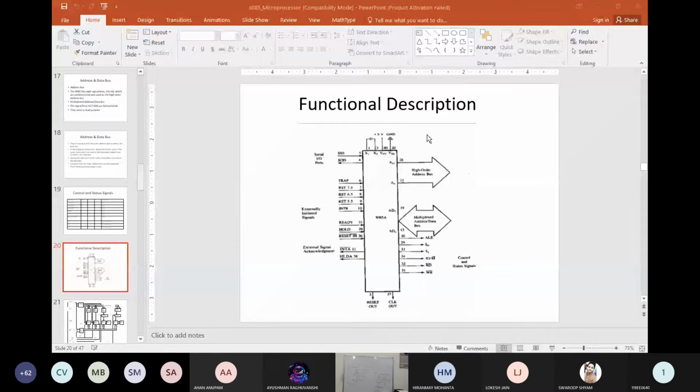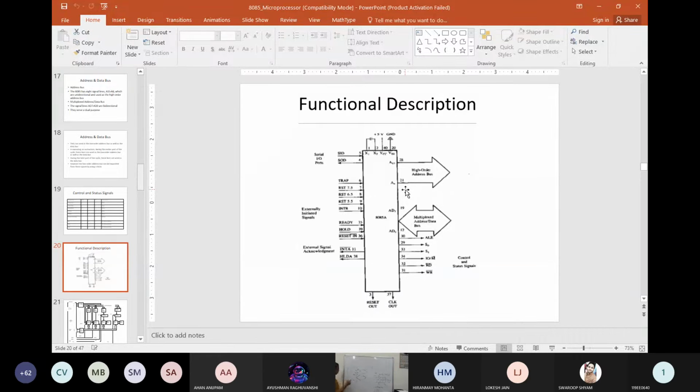So 12 to 19 and then what else? 21 to 28. Yes, good. Now if you can see the diagram, this is bidirectional and this is unidirectional.